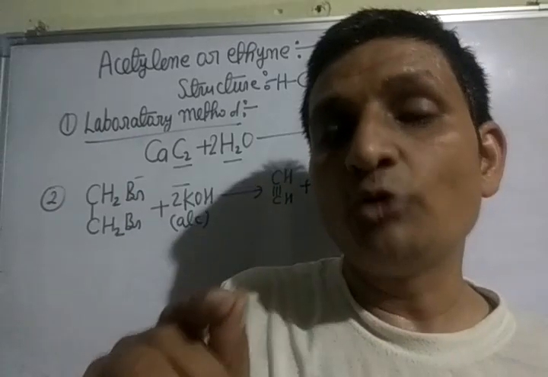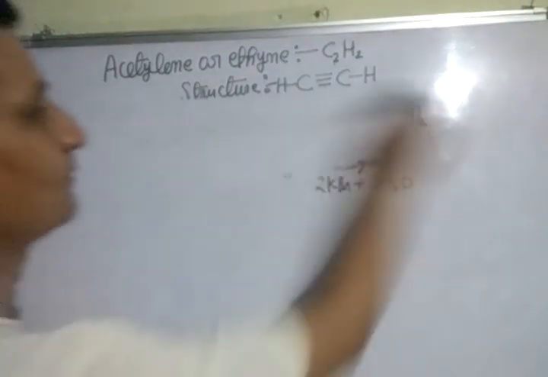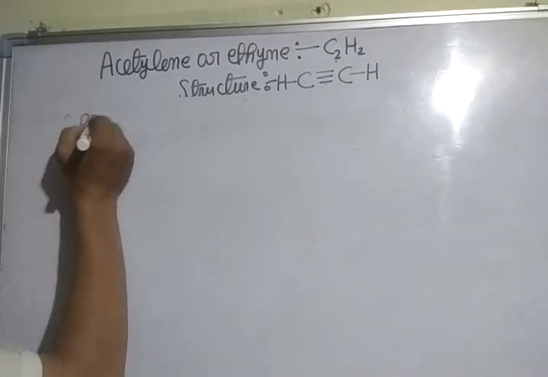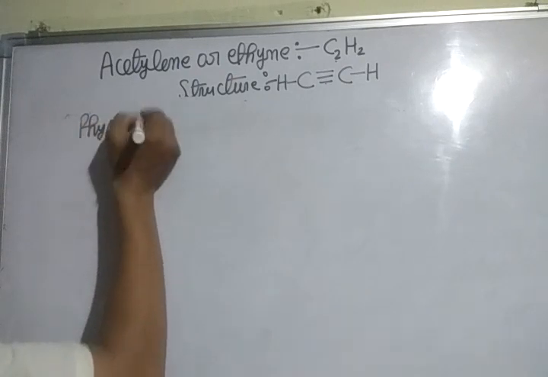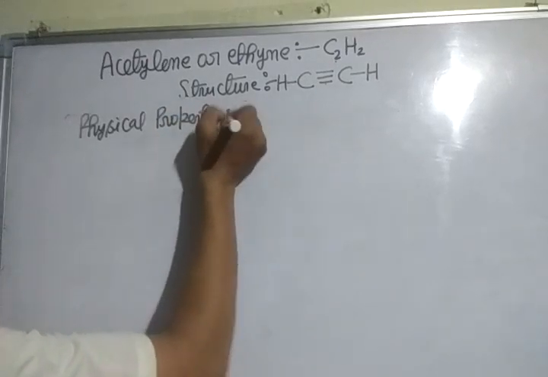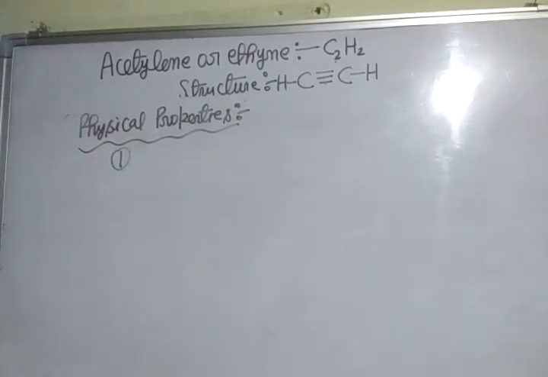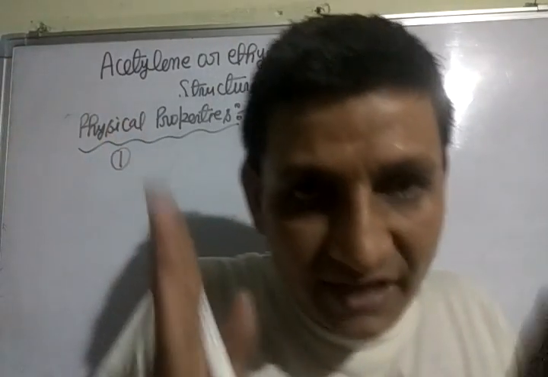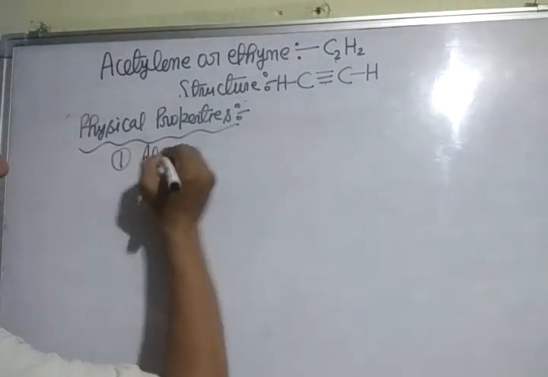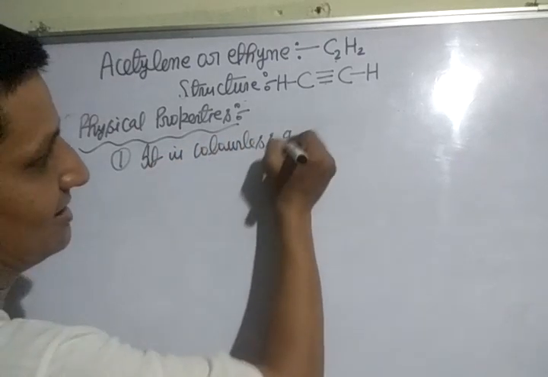Now student, we will study about physical properties of ethyne. Physical property number 1: acetylene is a colorless gas.